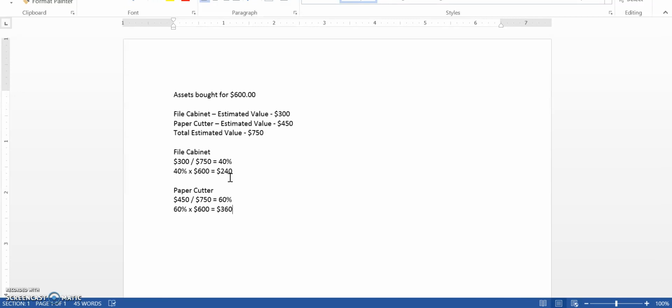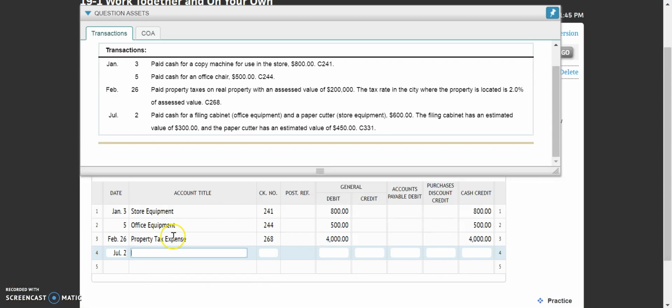Okay. So let's go back to our journal and put in office equipment, check number 331. And that we just said our file cabinet had an allocated value of $240.